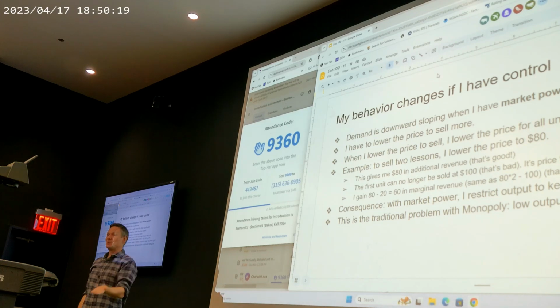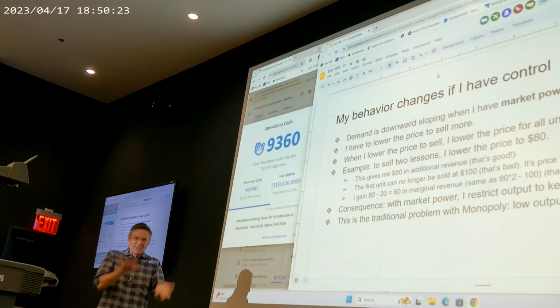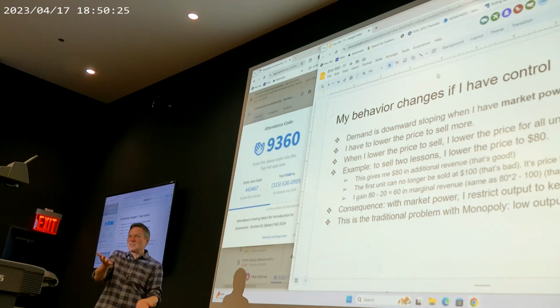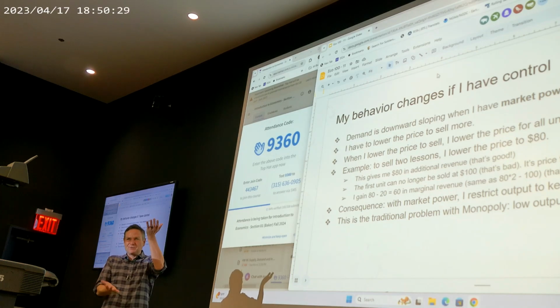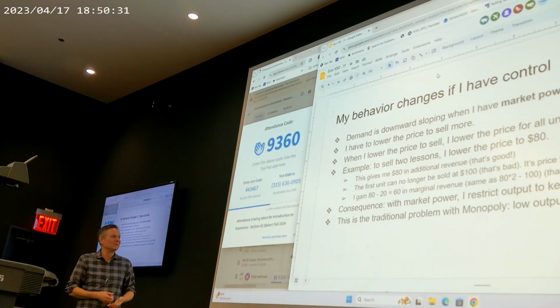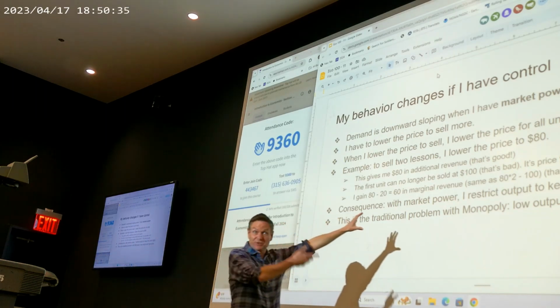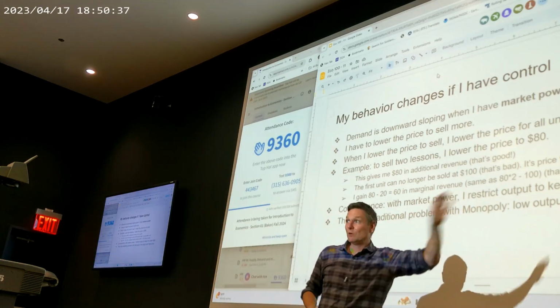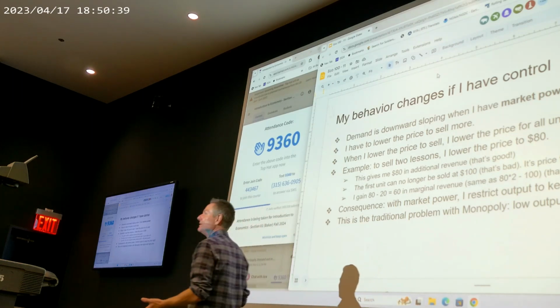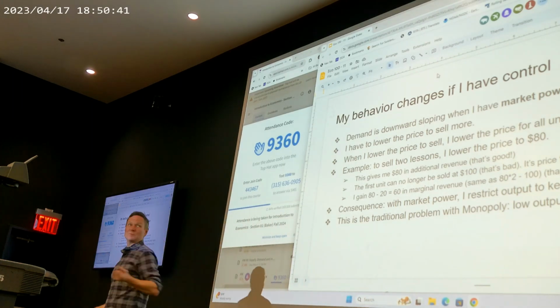I don't want to just keep selling units because that means my price gets lower and lower. So I want to sell a lot, but the price is low. A lot of sales, low price; high price, low sales. I'm trying to find a happy medium in there. But that is typically the consequence, as we just saw in my simple example: I will wind up restricting output to keep the price higher than it otherwise would be.